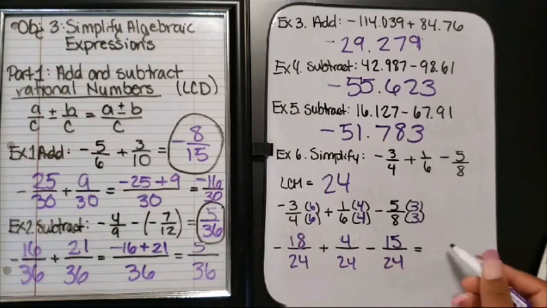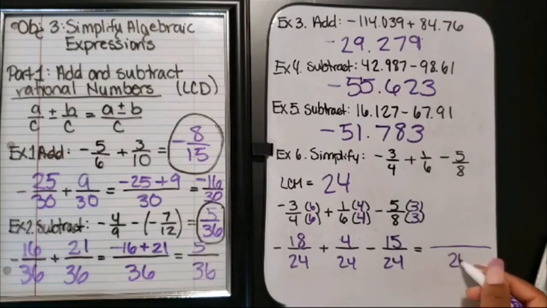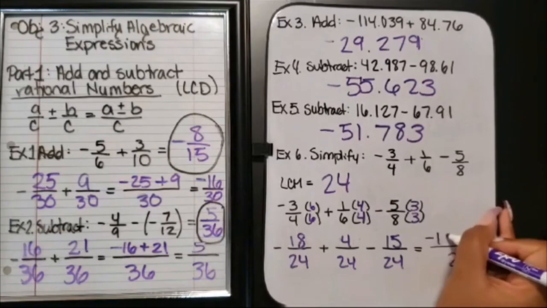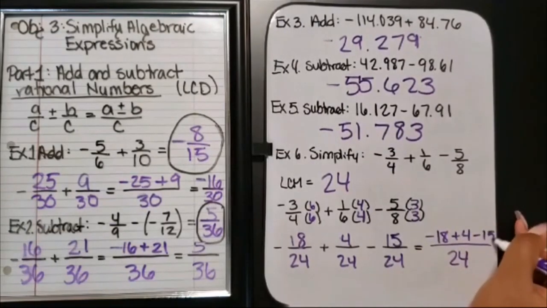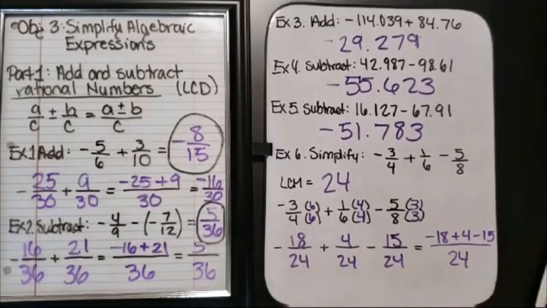Now at this point, we know that our denominator is 24, so we can do -18 plus 4 minus 15. So go ahead and put that in your calculator.